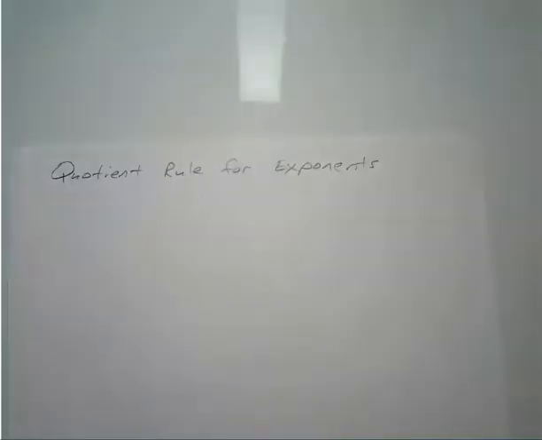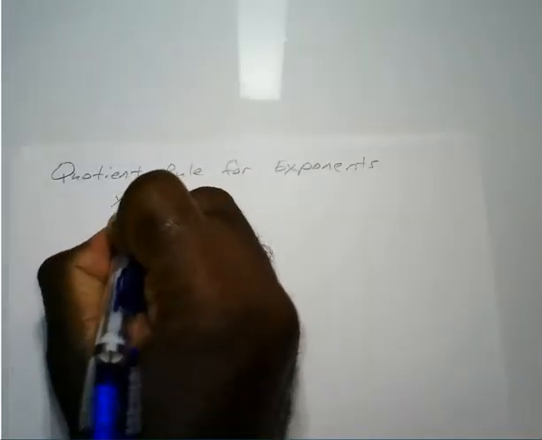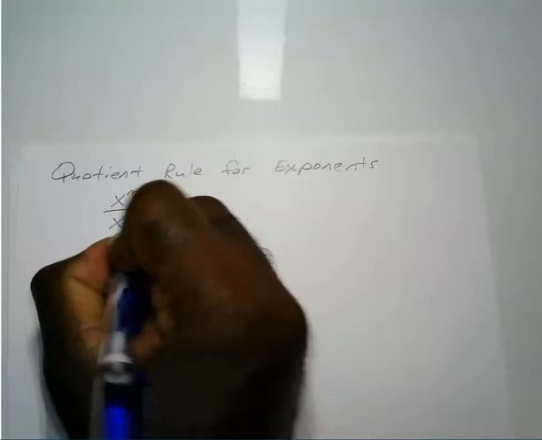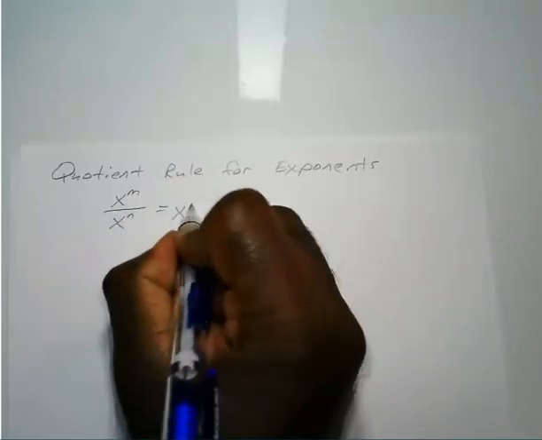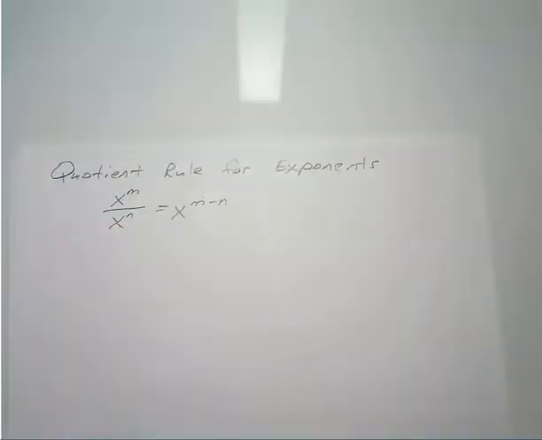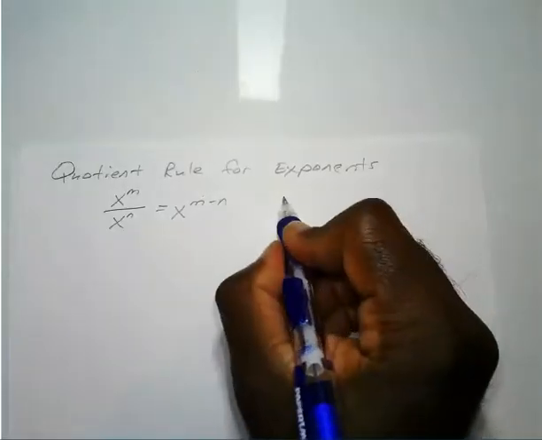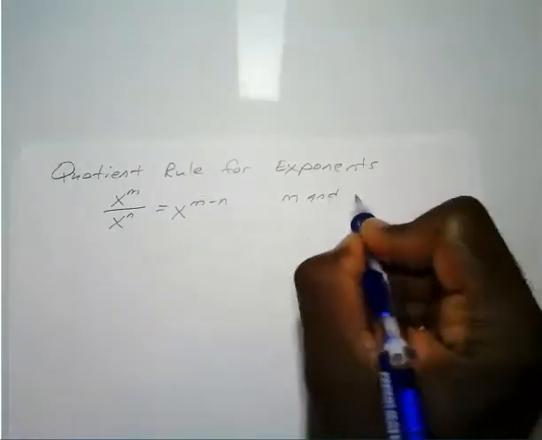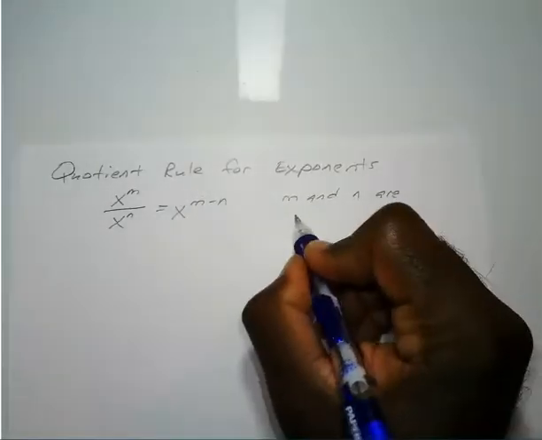It is a little bit different. It says x to the power of m over x to the power of n equals x to the m minus n. And again, that's assuming that m and n are real numbers.